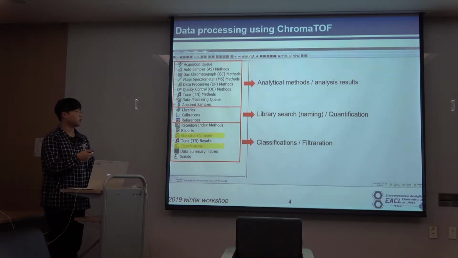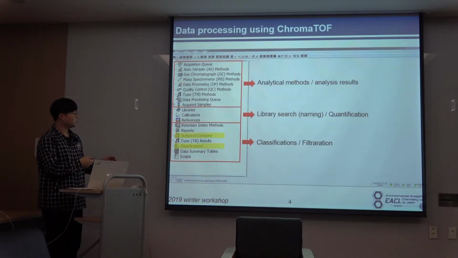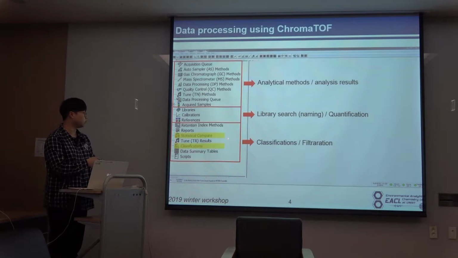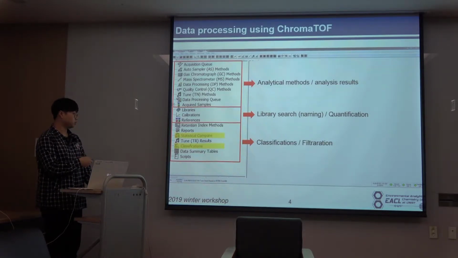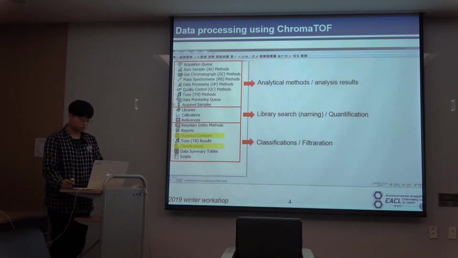After that, we can conduct the library search and quantification with this function. And finally, we can conduct the classification and filtration of our interesting compounds using this function and tree. So I present these two functions: statistical compare and classification.